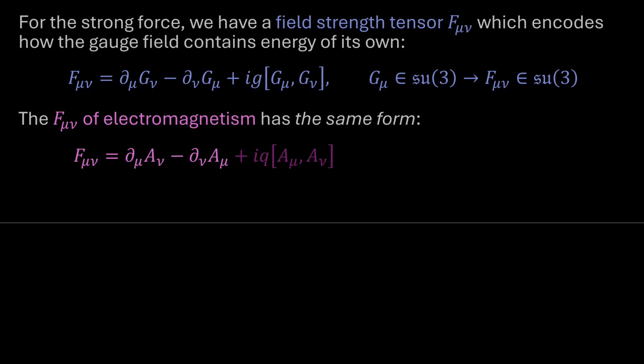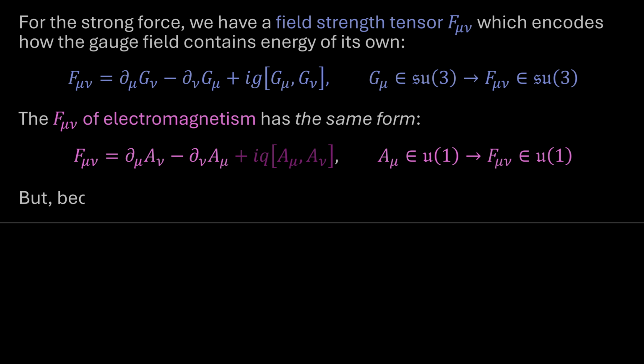And because the four spacetime components of the electromagnetic gauge field, A mu, live in the Lie algebra of U1, that is the real numbers, then it follows that the components of the electromagnetic field strength tensor also live in the Lie algebra of U1, that is, they're also real valued.